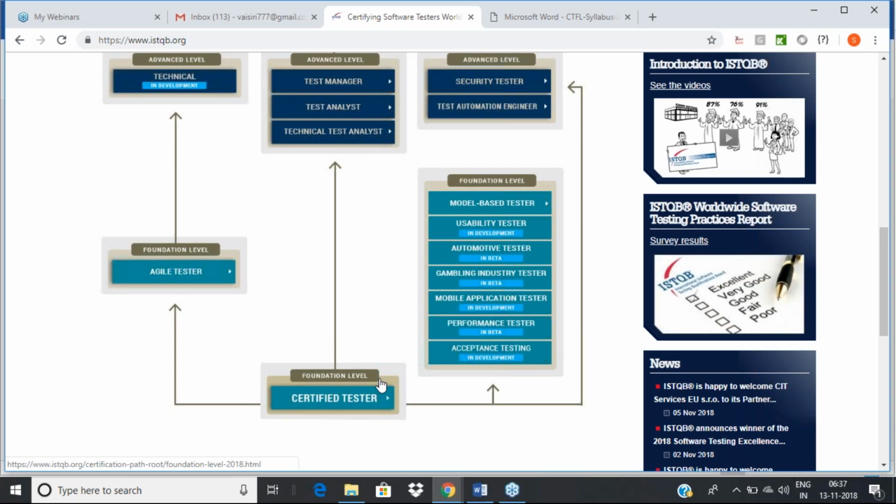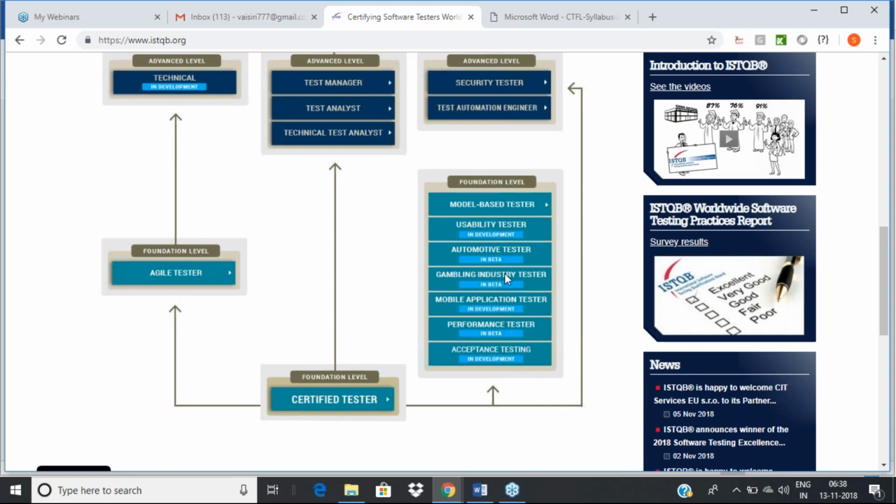Within the foundational level, they are also trying to come up with some variants of certifications like acceptance testing, performance tester, mobile application tester, gambling industry tester, automotive, usability, and model-based. But they are either in development or yet to be released. They are in beta. As of now, they are not available, but soon you can expect these areas.